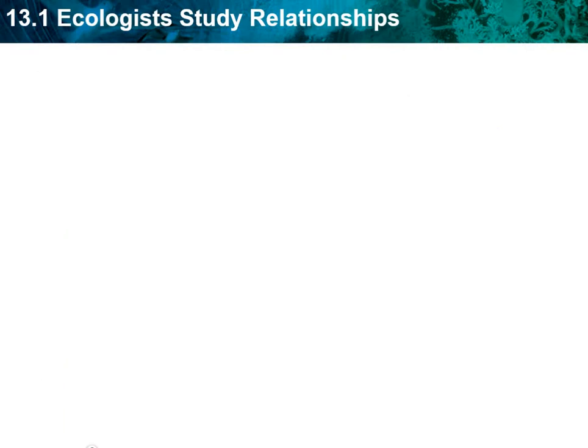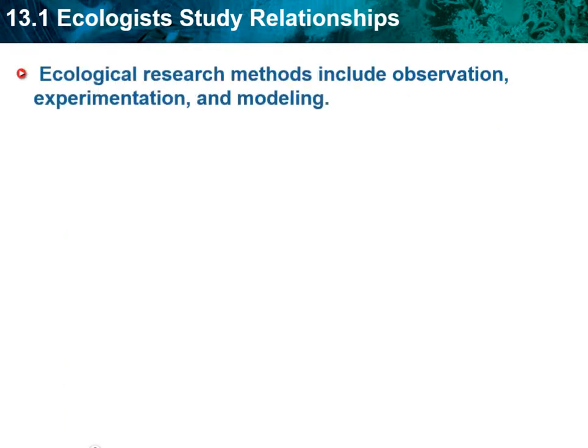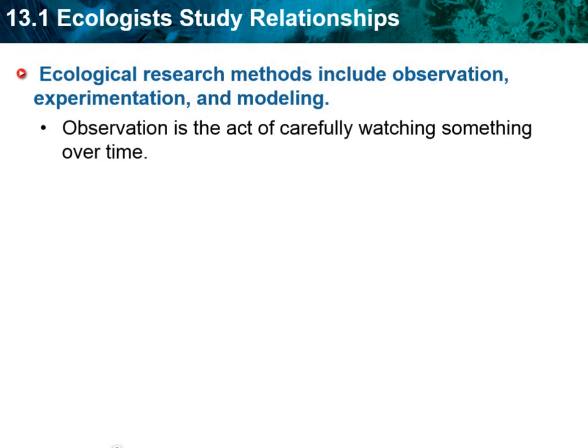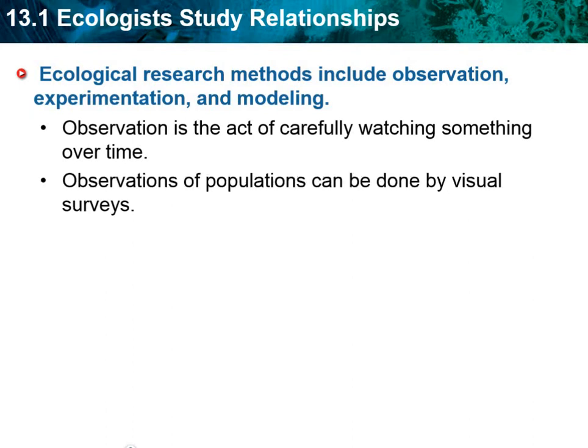When we talk about ecology, there are different research methods used in doing experiments, because you can't really do a lab experiment and get the results that you want, since you want to see how it works in the environment. Observation is the act of carefully watching something over time. Observations of a population can be done by visual surveys. You can go out and make observations and see things for what they are.